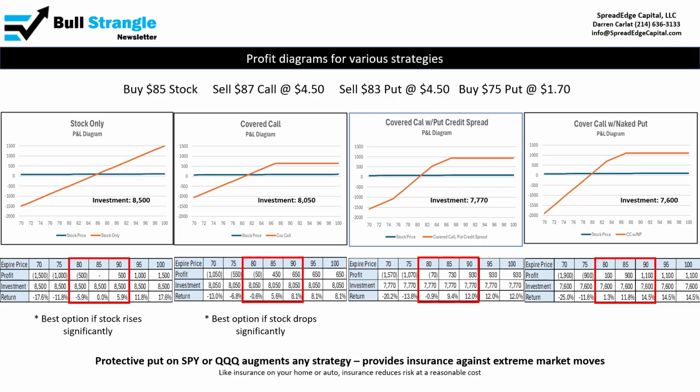And the reason that this is the best in that scenario is that you don't have that put that is going to cause you additional losses as you drop below the strike of the put. And then the covered call with naked put and the covered call with the put credit spread are really the best options for everything in between.